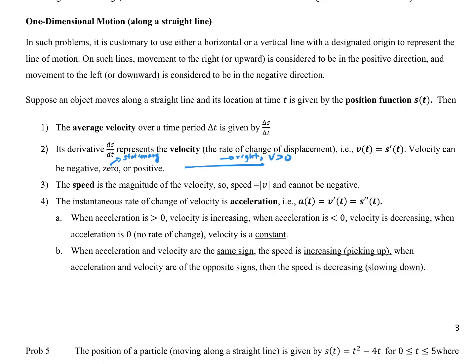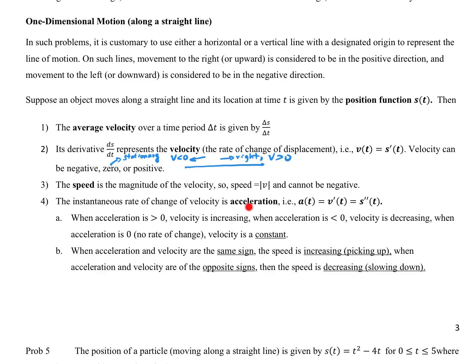When you're moving to the left, the velocity is negative. The speed is the magnitude of the velocity, which means speed is the absolute value of the velocity. Because of the absolute value, we only consider the magnitude. It cannot be negative.